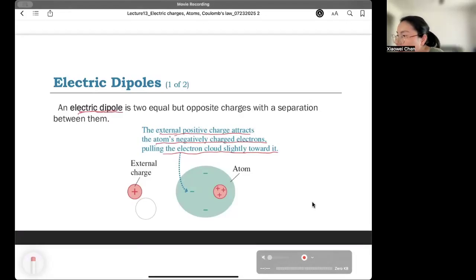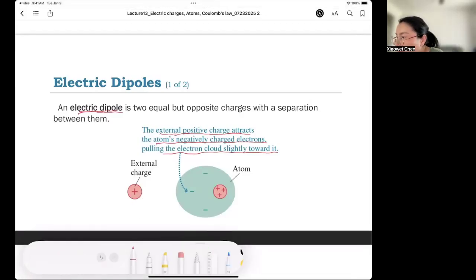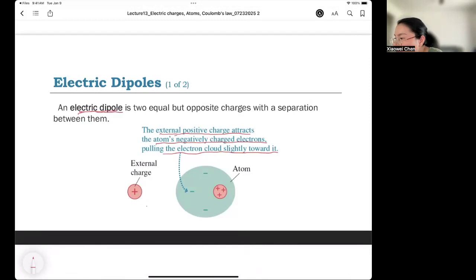Yeah, you can see, because this is an external positive charge, the atom's negatively charged electron cloud is pulled slightly toward it. So all the negative will be here, and the positive will be here.